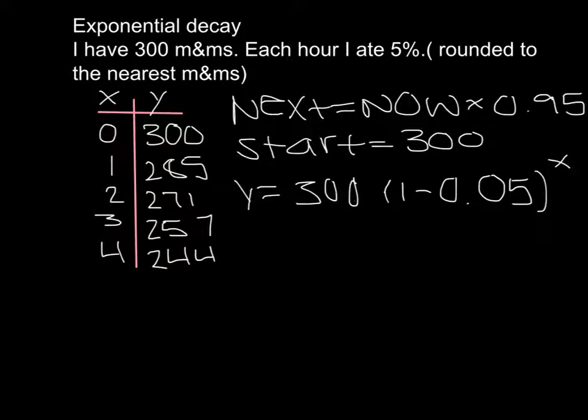And 0.95 is what you get when you subtract 0.05 from 1. And then for the table, you start with 300 and you go down 5% each time, so you multiply each y value by 0.95 each time.